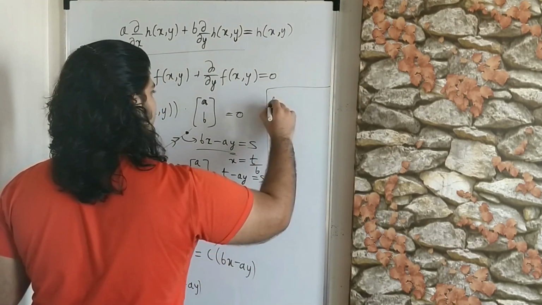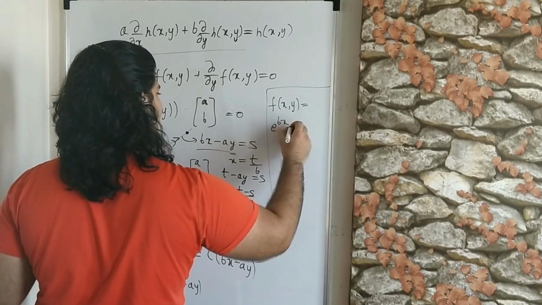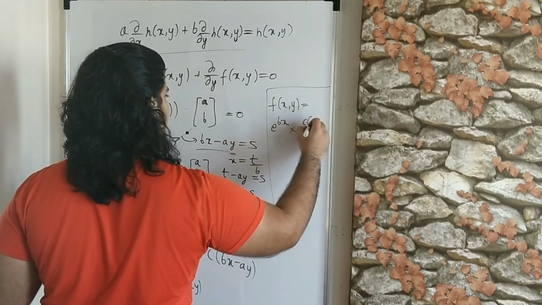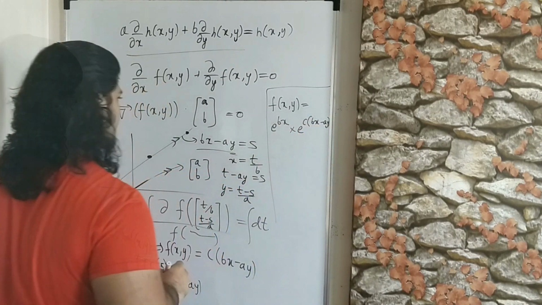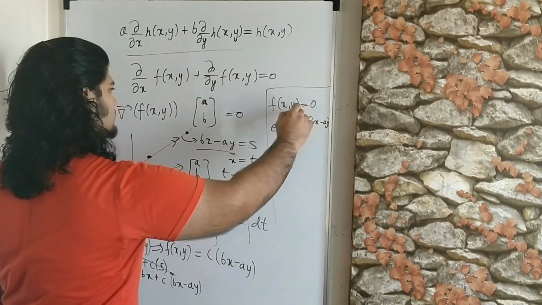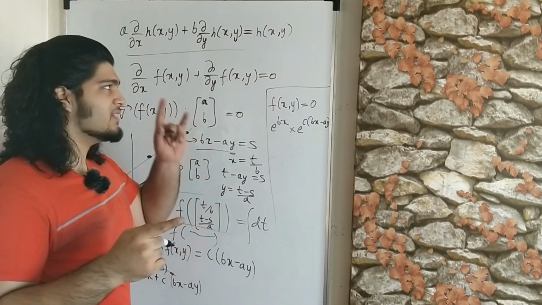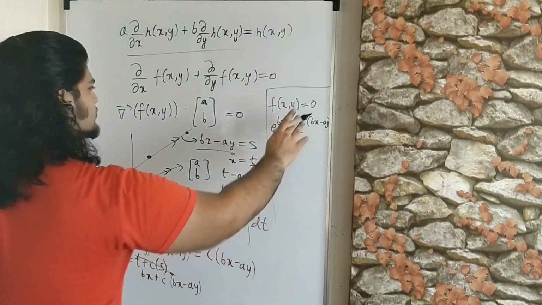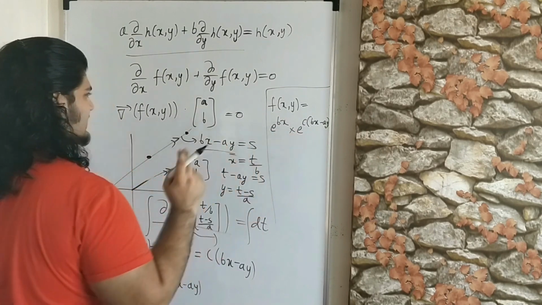So we'll get f of xy is equal to e to the bx into e to some constant function of bx minus ay. But notice that f of xy equal to 0 is also a solution to this partial differential equation, but we didn't somehow get that solution, because if you see properly, then this can never be equal to 0.